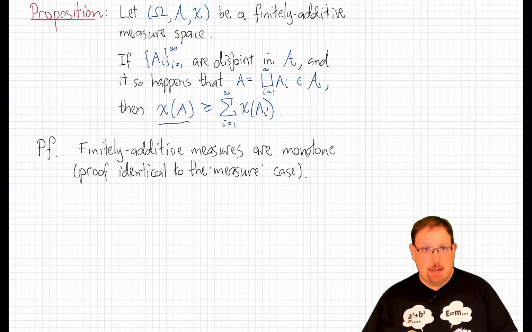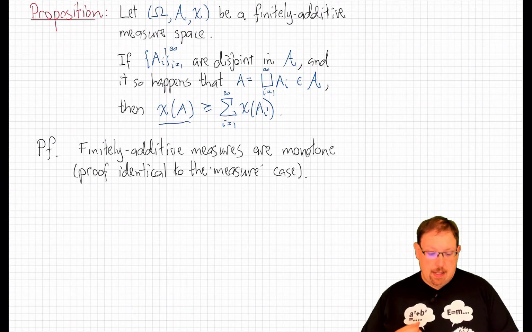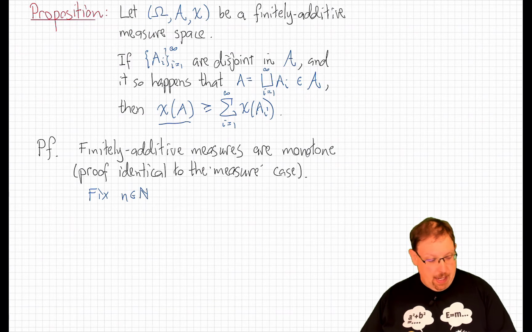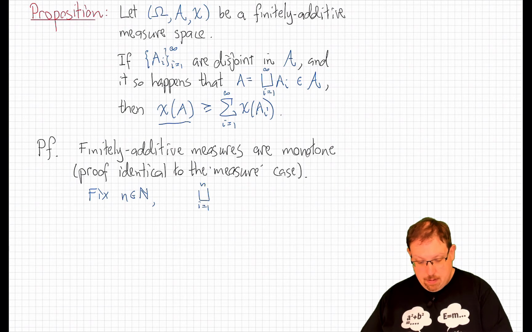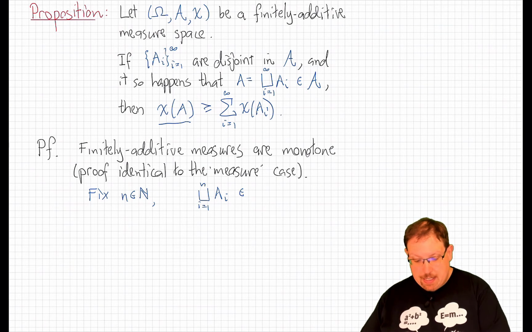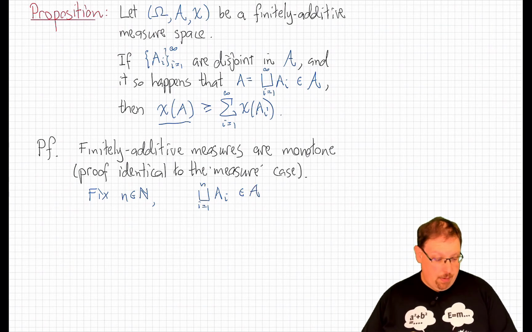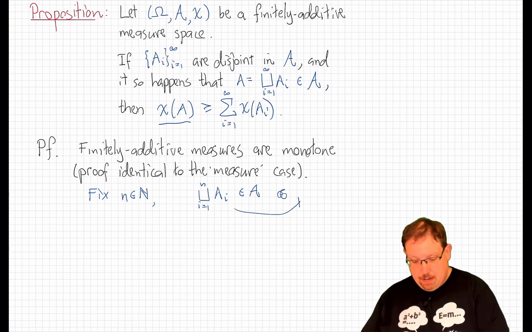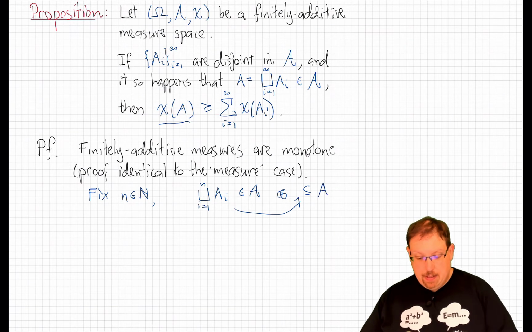If A is contained in B in the field, then chi of A is less than or equal to chi of B. Keeping that in mind, instead of taking the countable union that we're interested in here, let's fix a large natural number, n, and consider the disjoint union of the first n of the A_i. Okay. Now, we know that that is in the field. The field is closed under finite union. And also, critically, that is contained in A.